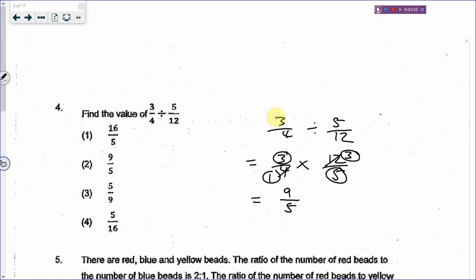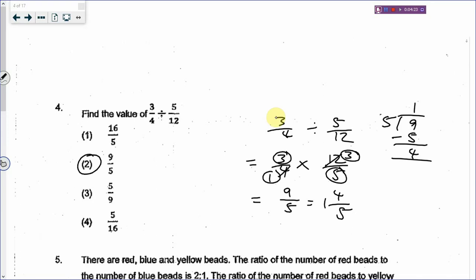That's how you get your mixed number: you take 9 and divide by 5. 1 times 5 is 5, and your remainder is 4. So you will get 1 and 4/5. But of course, the answer options don't have a mixed number, so that's 9/5, which is answer number 2.